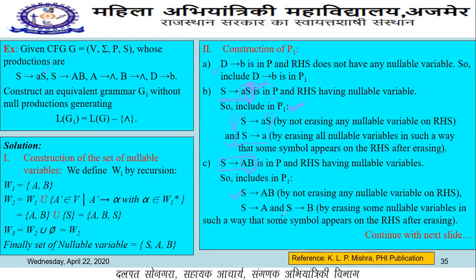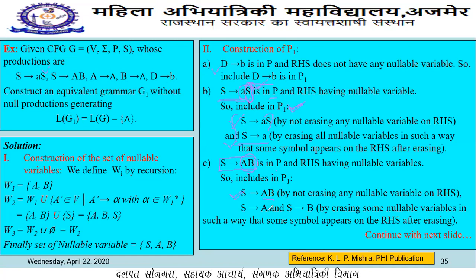And after erasing some of them, meaning we have two nullable variables, one by one we eliminate the nullable variables, because there should be something left over on the right hand side.